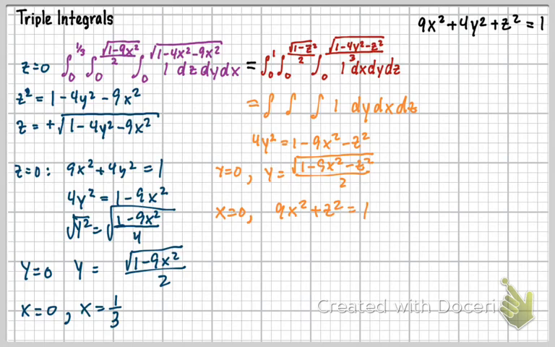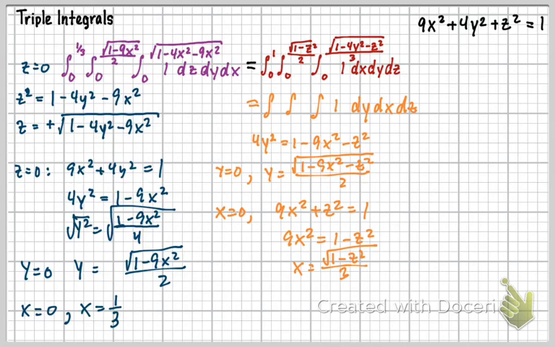And I'm going to solve this for x because I'm doing dx next. So I'm going to move the z over. So I got 9x squared equals 1 minus z squared. And then I'm going to move the 9 over and square root both sides. So I'm going to get x equals the square root of 1 minus z squared, over 3. And the positive one because we're dealing with the first octant.